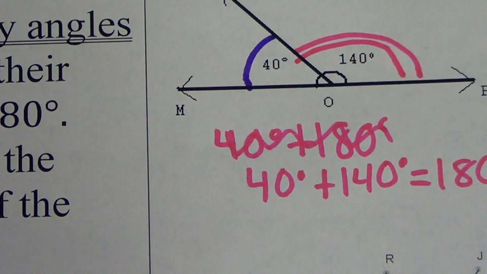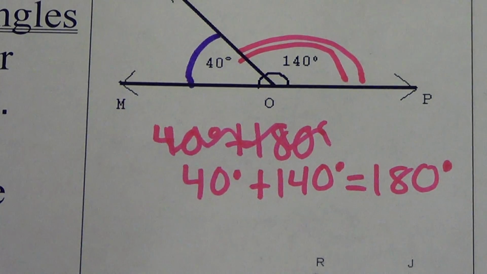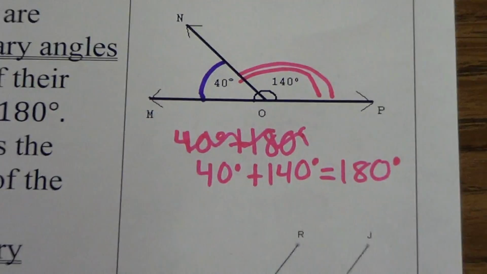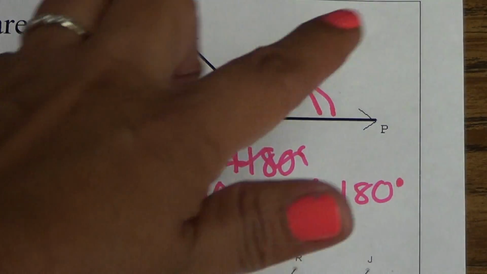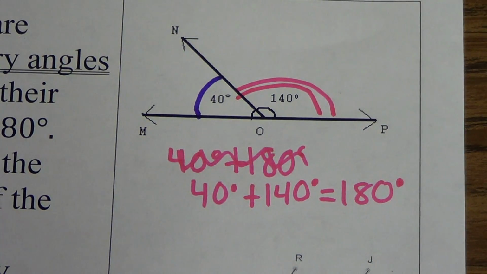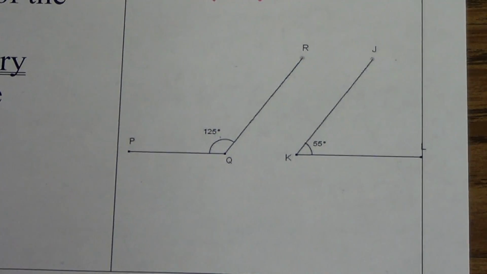Then their answer will be 180 degrees. Now, like I said, this would actually also be an example of a linear pair. So this angle would have a linear pair relationship, but this would also be supplementary angles. Now over here, I would not call this a linear pair, but these are still supplementary.